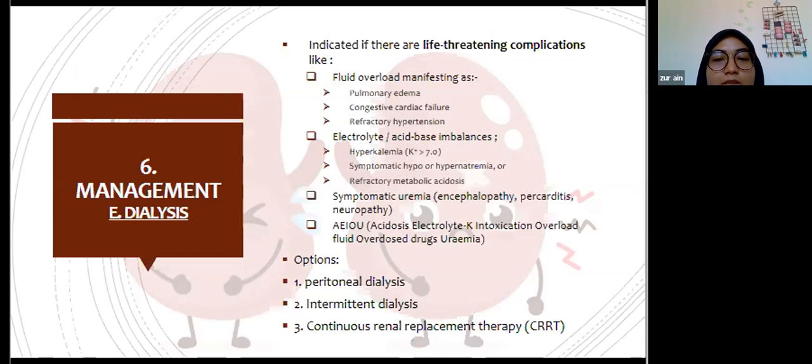Okay, so there are usually three options of dialysis: peritoneal dialysis, intermittent dialysis, and CRRT. The most common one that pediatrics uses is peritoneal dialysis.